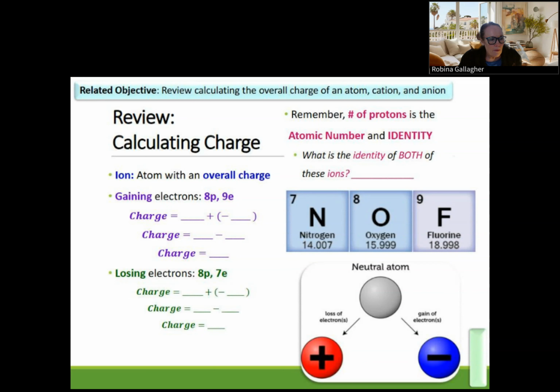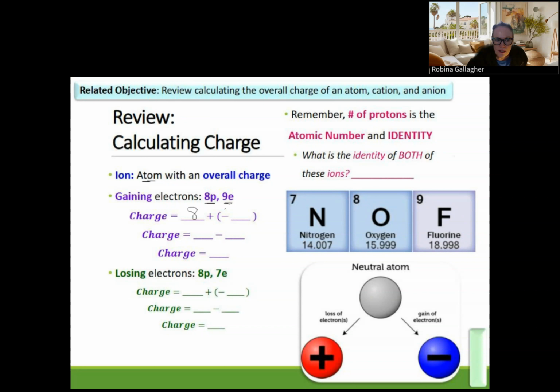With this example, I have an atom with an overall charge. It has 8 protons, so I'm going to have a positive 8, and it has 9 electrons.